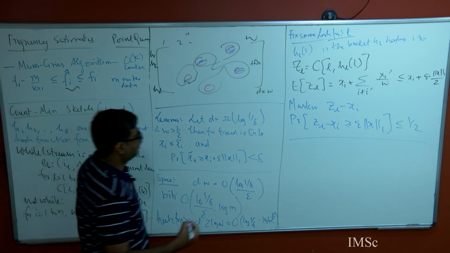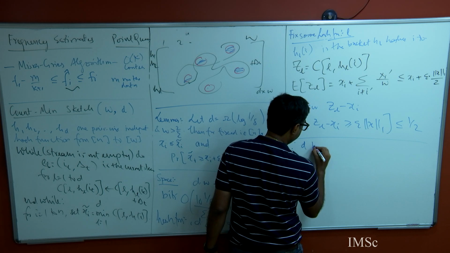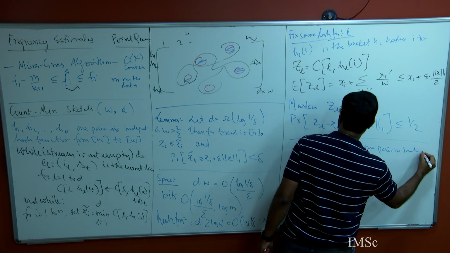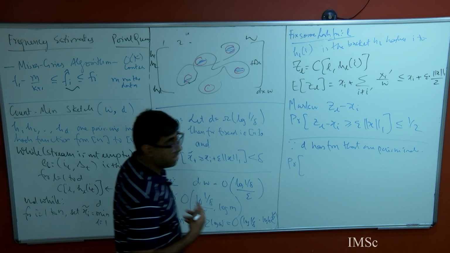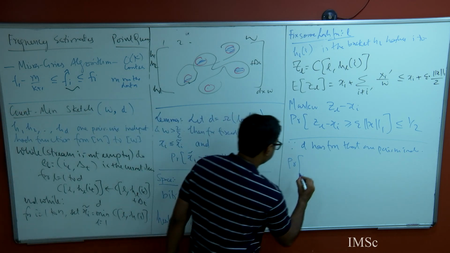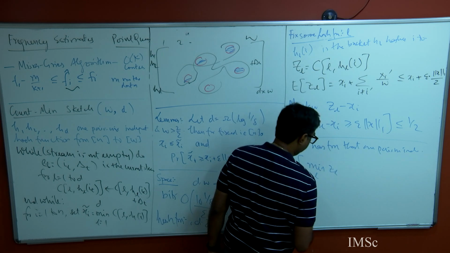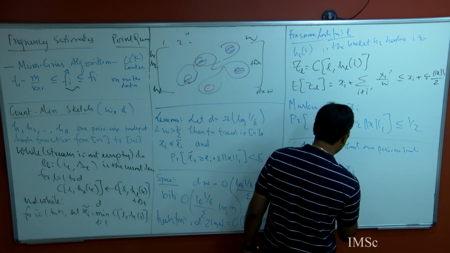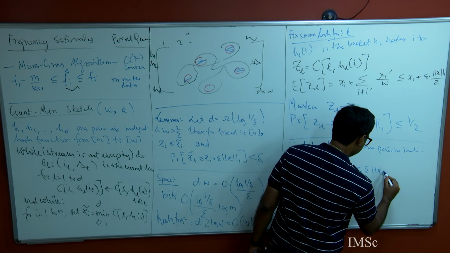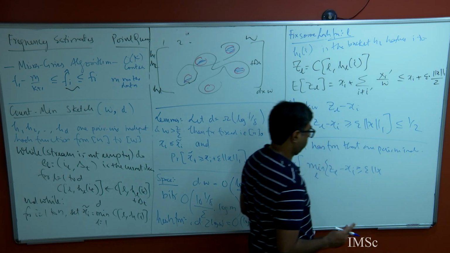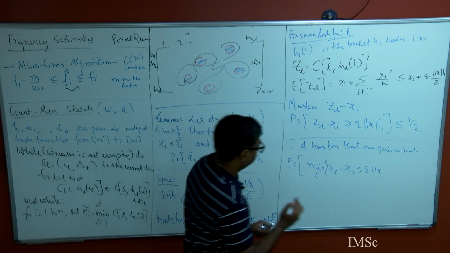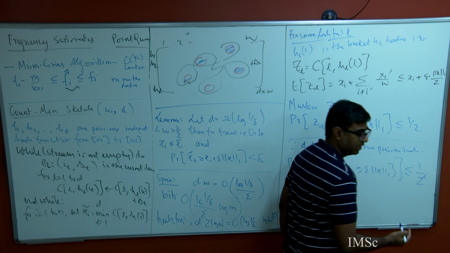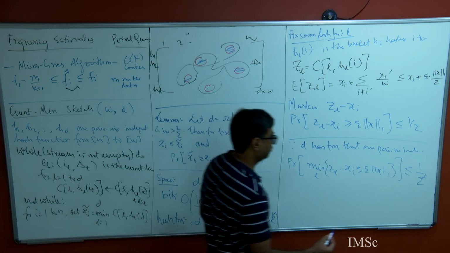Okay. And we said since we have d hash functions that are pairwise independent, the probability that the minimum over L of ZL minus xi is greater than or equal to epsilon times the 1 norm is less than or equal to 1 over 2 to the power d, and the way we chose our d, this is less than or equal to delta.